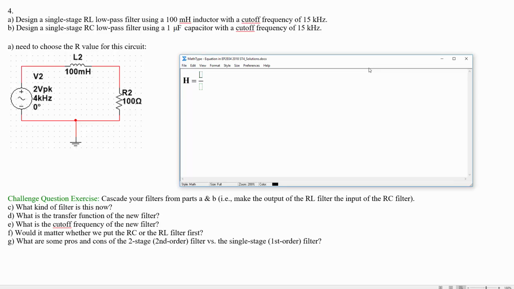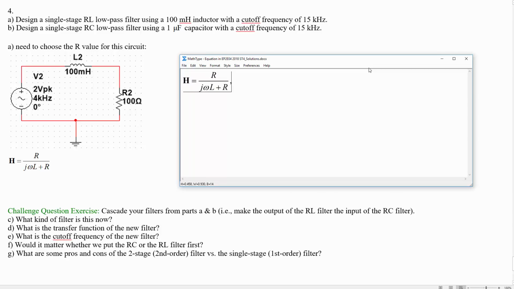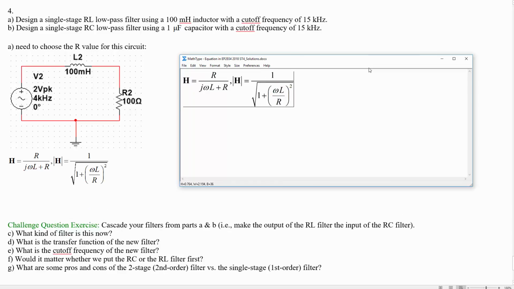Okay, so the transfer function, just keeping everything in variables: H is equal to, from a voltage divider, R over j omega L plus R, which means that the magnitude of H is going to be equal to 1 over root 1 plus (omega L over R) squared.